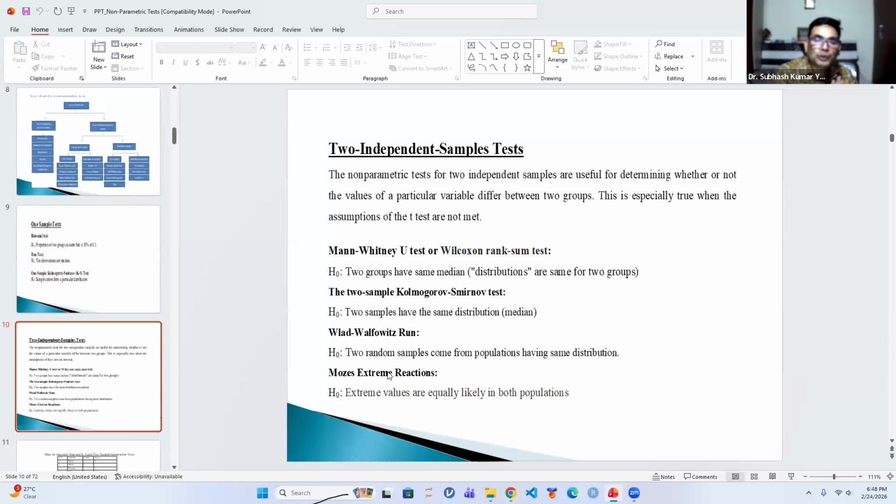Now, if we talk about the two independent sample tests, in parametric tests we have studied the independent sample t-test, but in non-parametric tests, for two independent samples, we use the Mann-Whitney U test or Wilcoxon rank sum test, and we consider the null hypothesis that the medians of the two groups are equal.